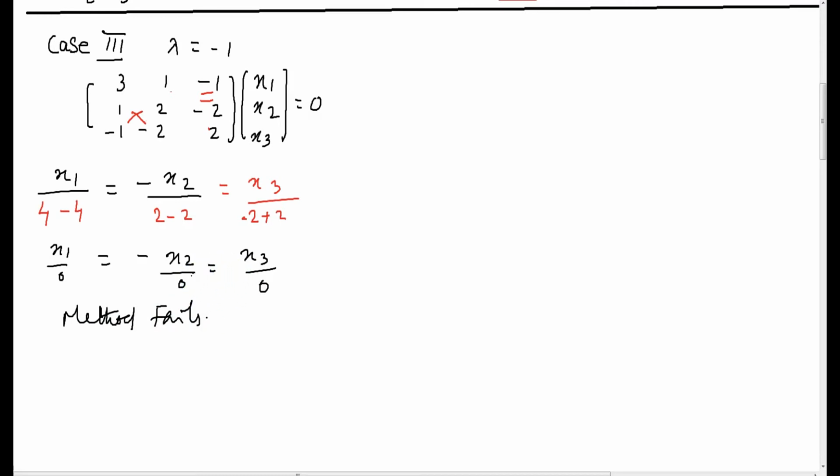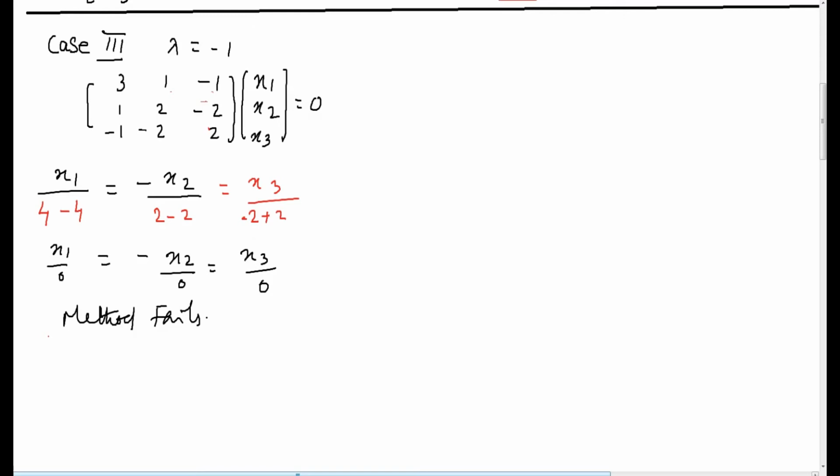This method fails because all the elements in the denominator are 0. Since the second and third row are identical, method fails. Therefore, we have to take a pair of rows which are not identical.